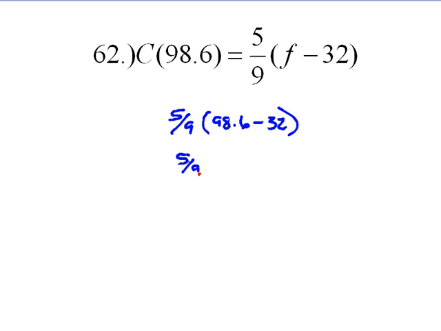So that would be 5/9 of 66.6, right? Okay, and 5/9 of that should equal approximately 37. So it's 37 degrees centigrade.